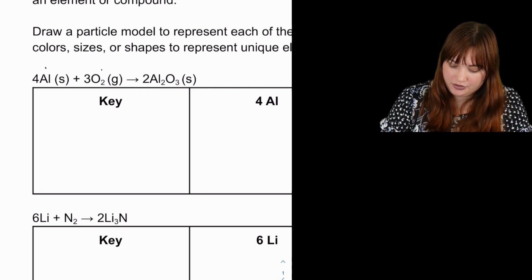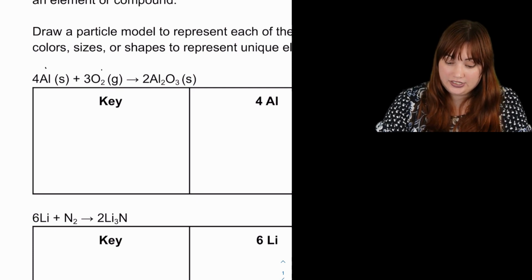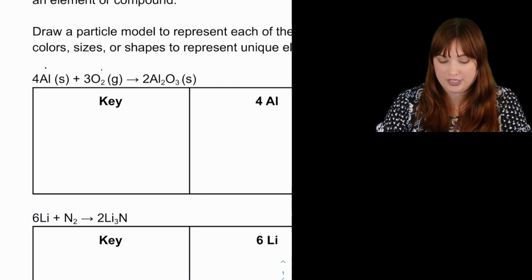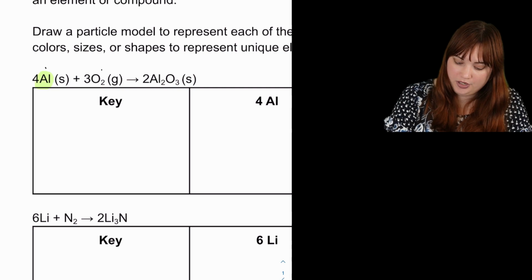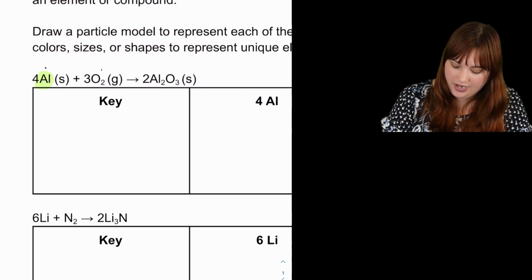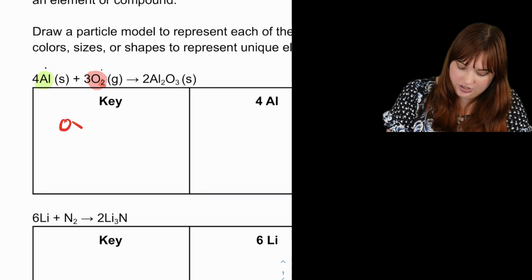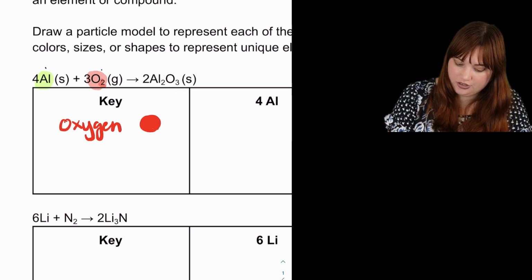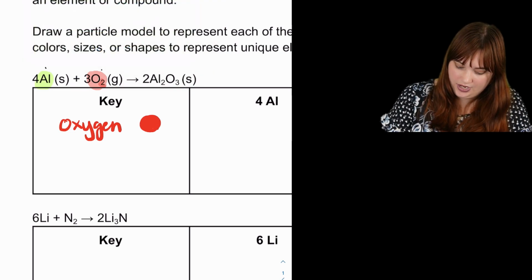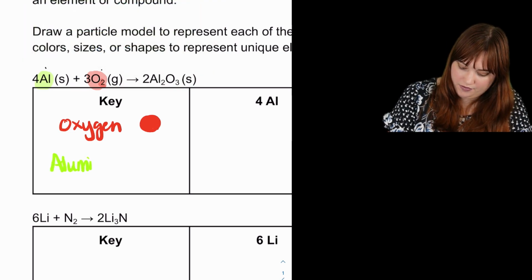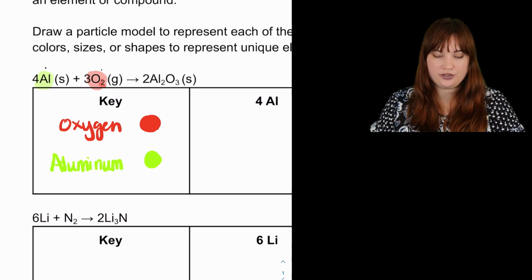There's a space for me to create a key. I need a different color or shape for each element. So aluminum, let's make green, and we'll go red for oxygen. Oxygen will be represented by a red circle, and aluminum will be represented by a green circle.